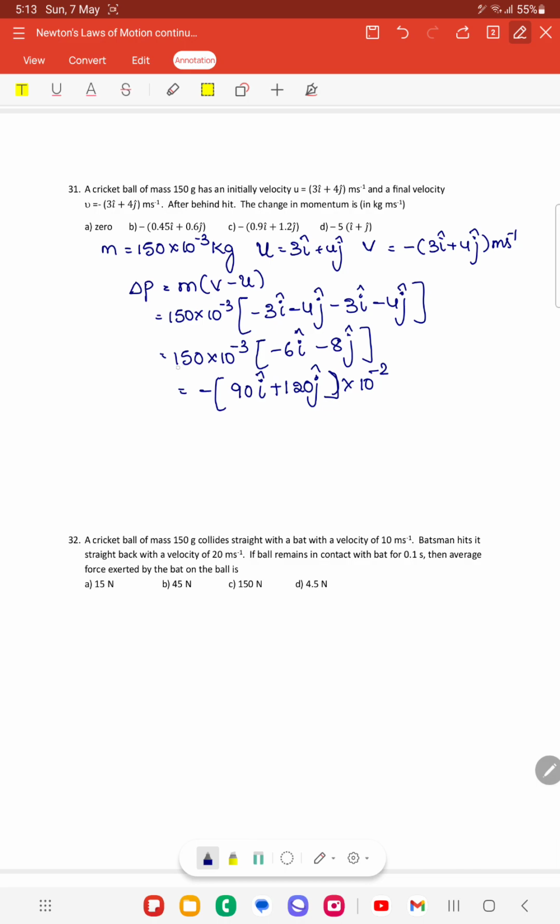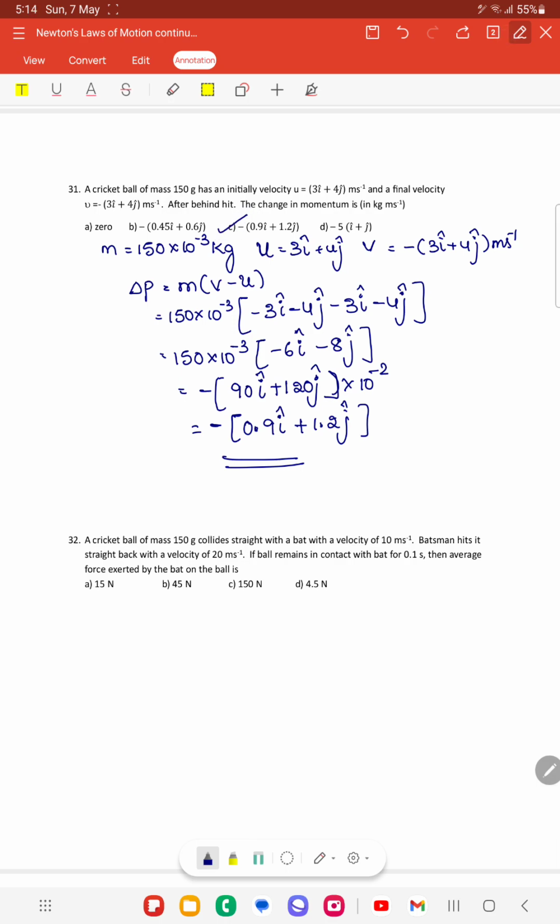So we can write 150 as 15 into 10, and 10 into 10 to the minus 3 is 10 to the power minus 2. When you multiply by 10 to the power minus 2, we have minus 0.9 i cap plus 1.2 j cap. So option C is the right answer.